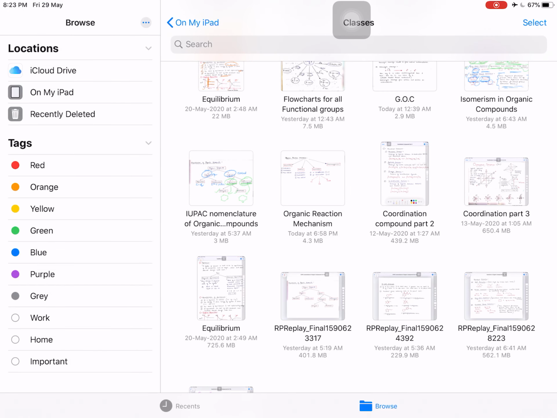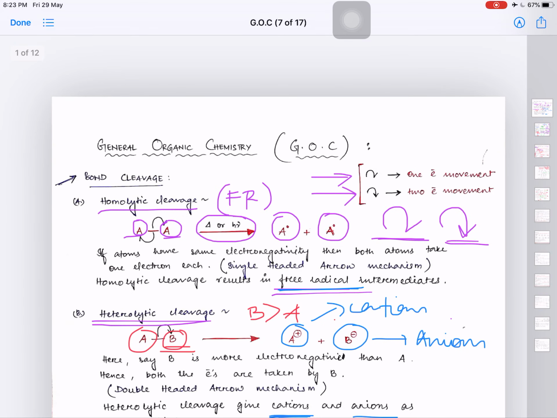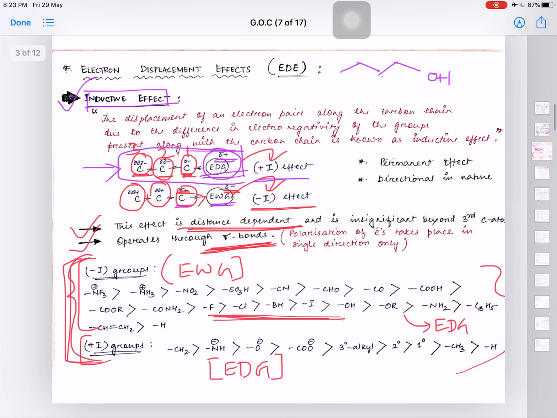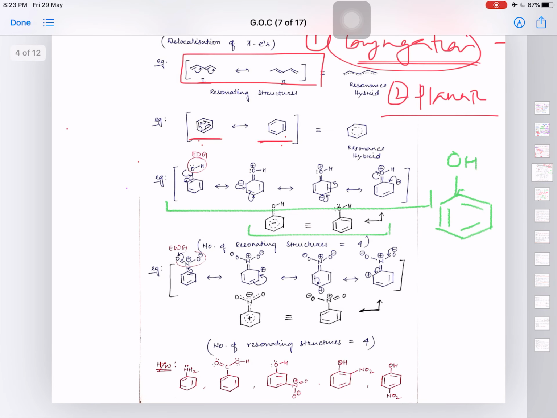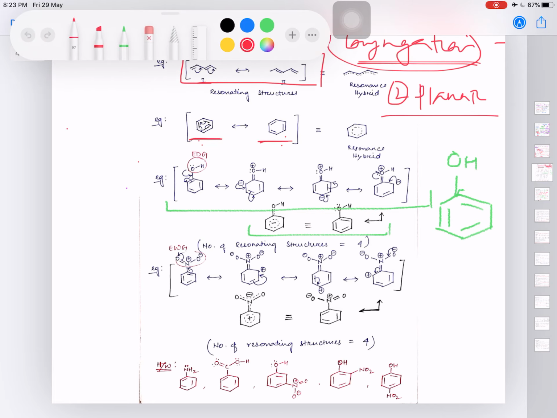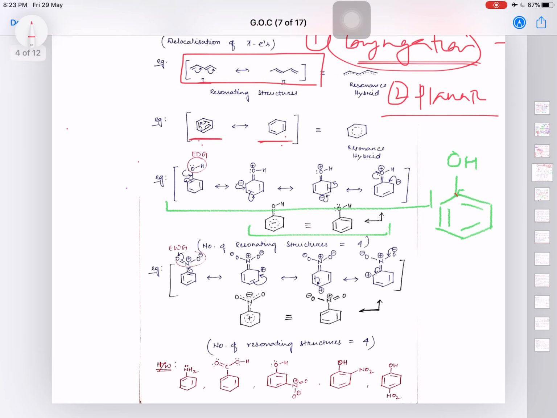Okay, this oxygen is more electronegative compared to this carbon. Now if it is more electronegative, it will pull electrons from this carbon. Now this oxygen, if it pulls electrons from this carbon, you see this oxygen is connected to a hydrogen.